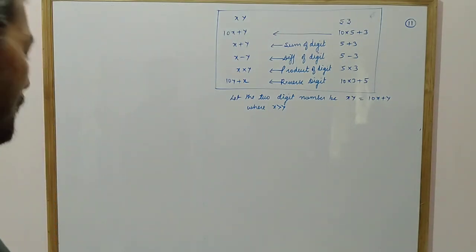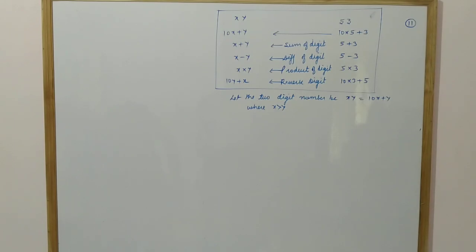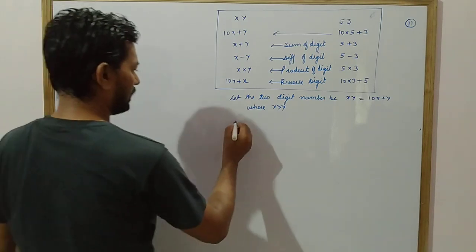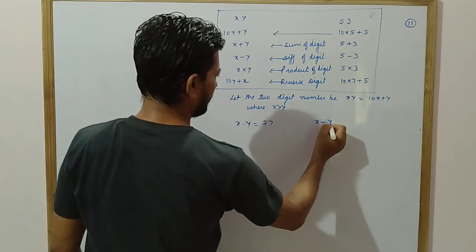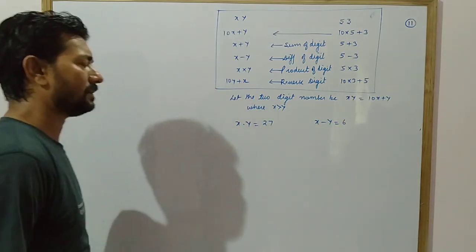The product of the digit is 27 and the difference is 6. Product x into y is 27, and difference x minus y is 6.